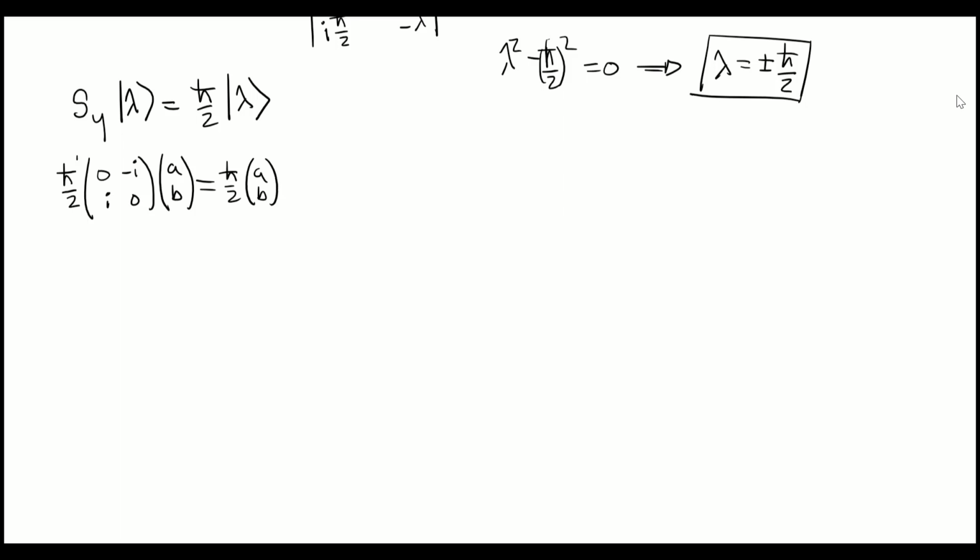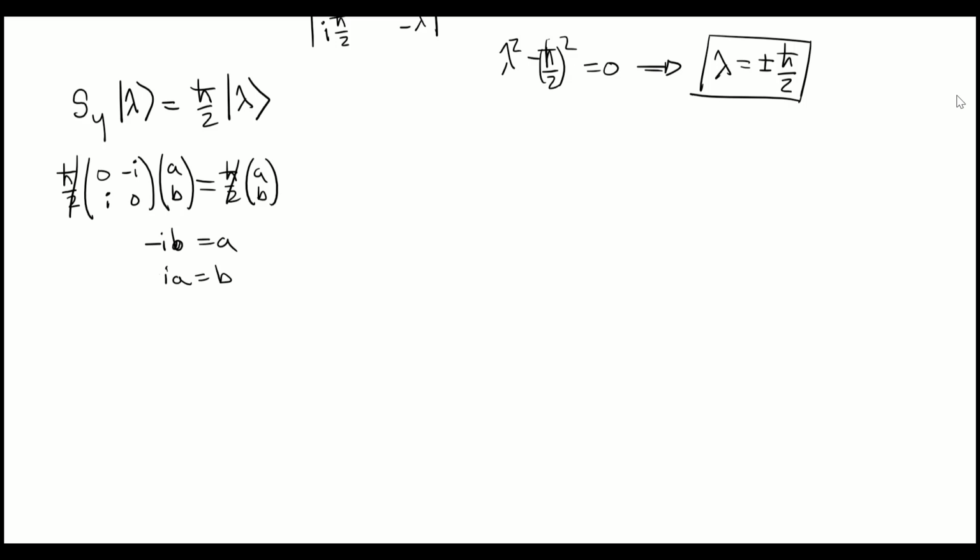The h bar over 2's can just cancel out, and we're left with negative i b is equal to a, or i b is, sorry, i a rather, rushing here. i a is equal to b.